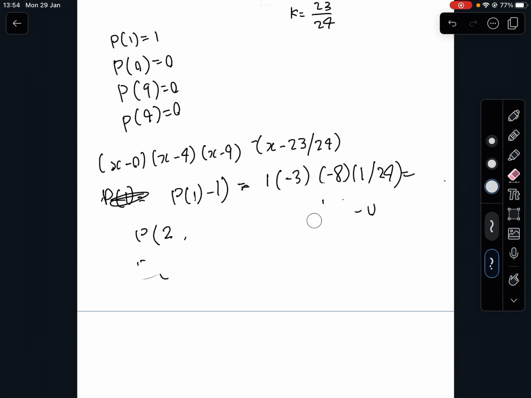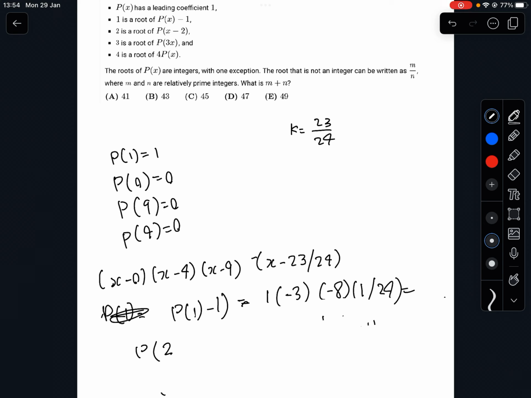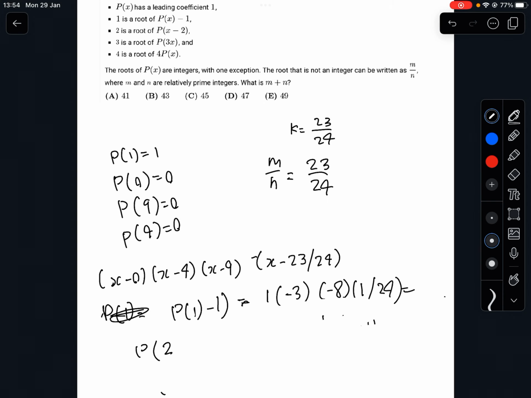So we know that k must be 23 over 24. Because it's the root that's not an integer, m over n equals 23 over 24. 23 and 24 are relatively prime integers, so m plus n is 23 plus 24, which gives us 47. So the answer is choice D.